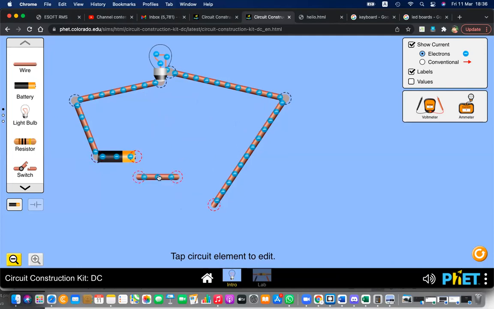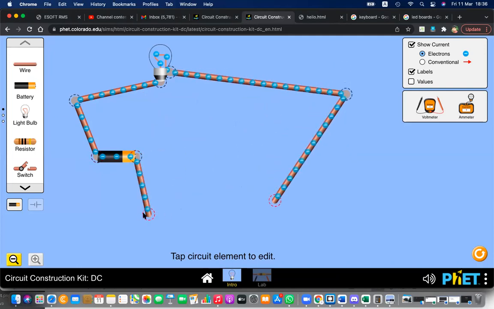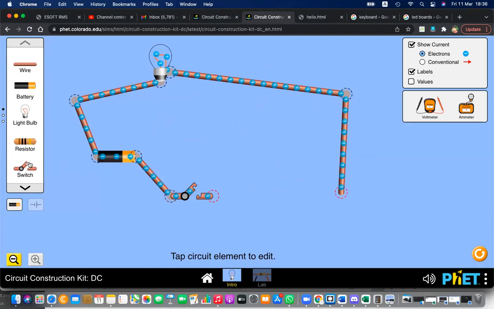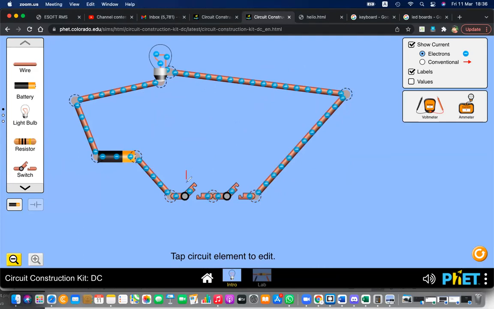So let's have the two wires. It's okay to have more than two switches also, but let's fix it at two switches, and you can see these switches are A and B. Say this is A switch and this is B switch.